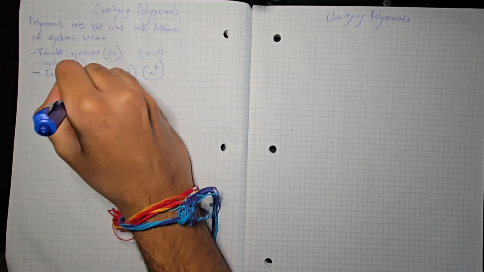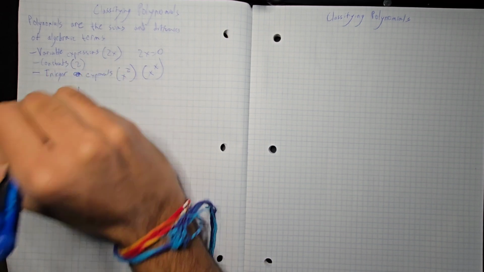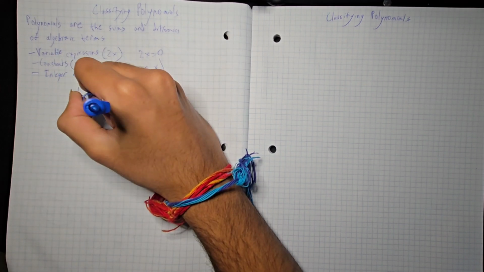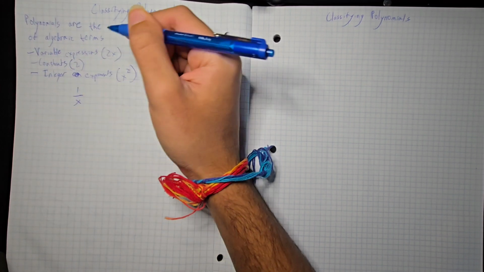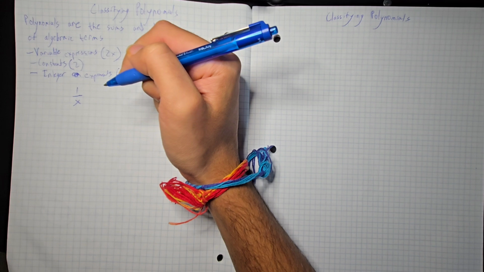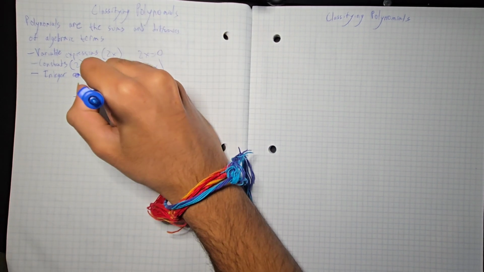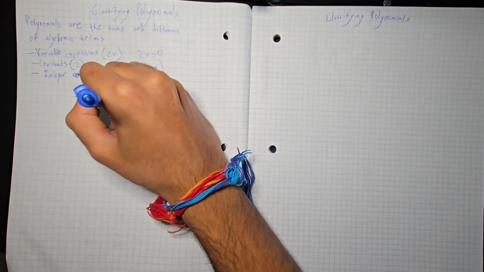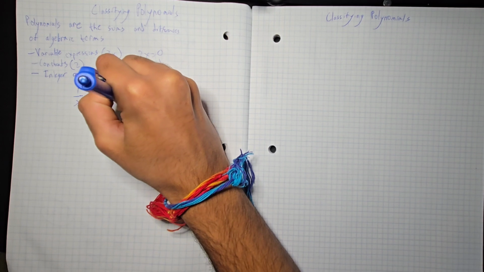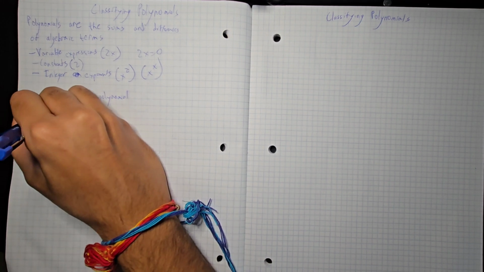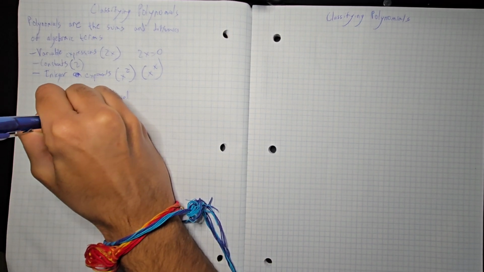So, a little practice. Is 1 over x a polynomial? So in this case, 1 over x is actually not a polynomial because there's a variable in the denominator. So this brings us to our next concept, that there should not be any decimals or negative exponents.